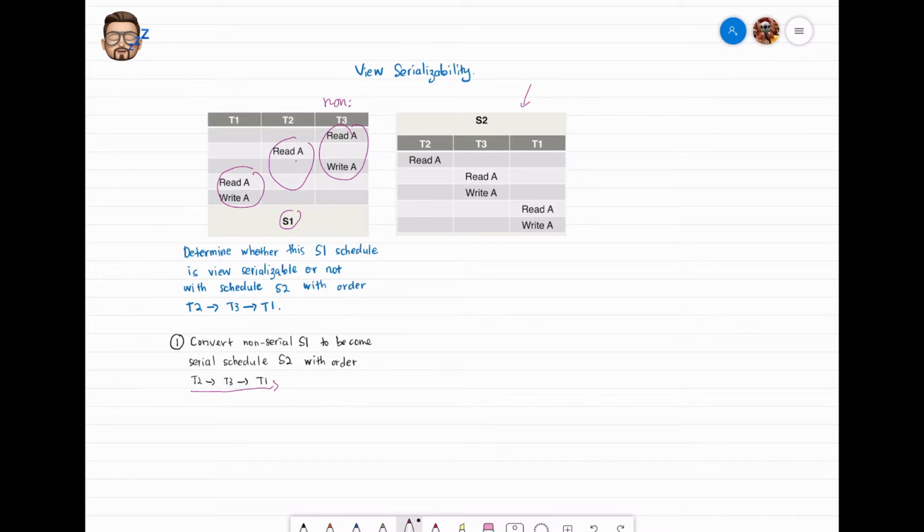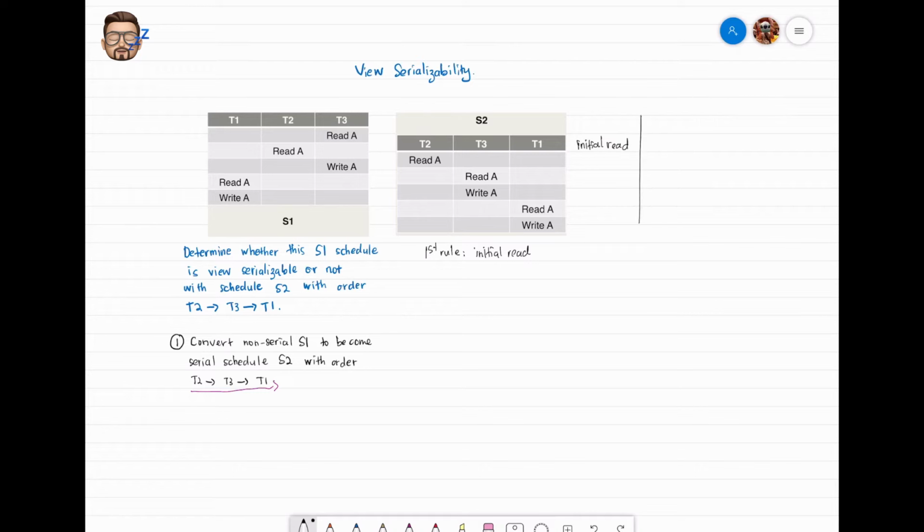There are three rules in view serializability. The first rule that we need to look at is initial read. Let's see how to find the initial read for both schedules.